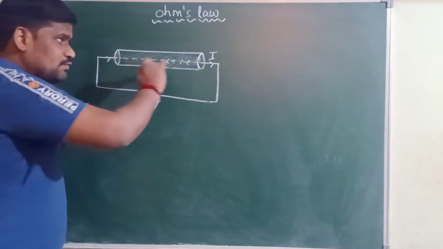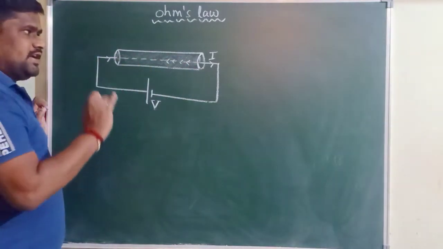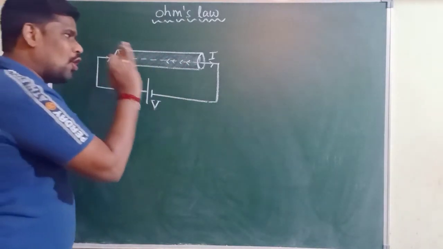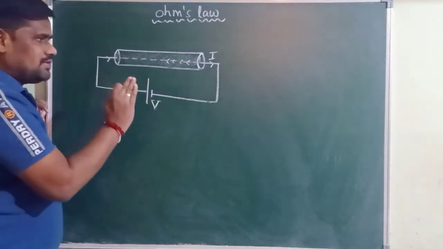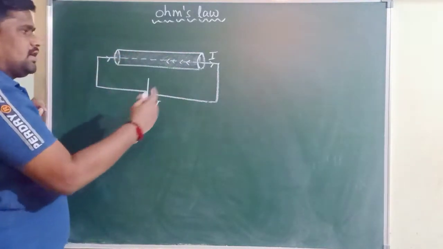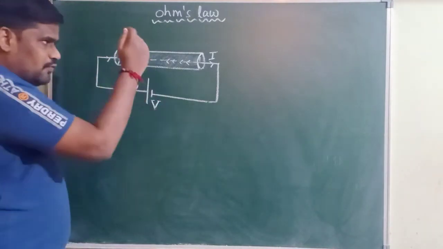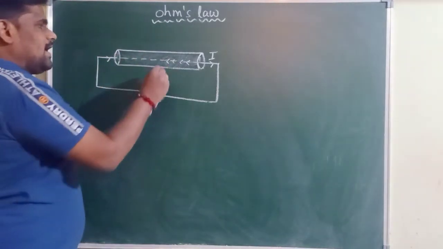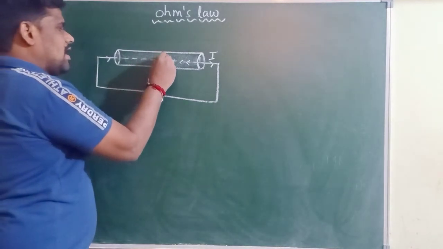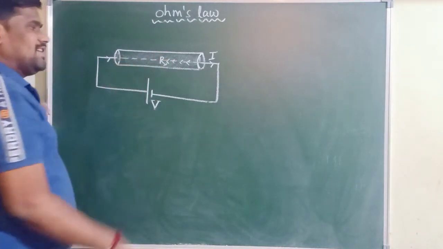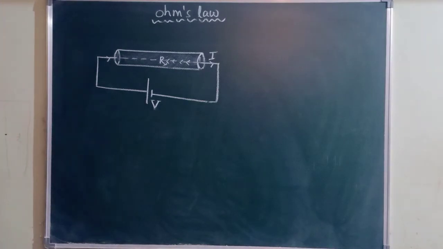The journey of the current is not easy here, because the material of this conductor exerts some opposition to the flow of electric current. That opposition we will call R, the resistance of the conductor.